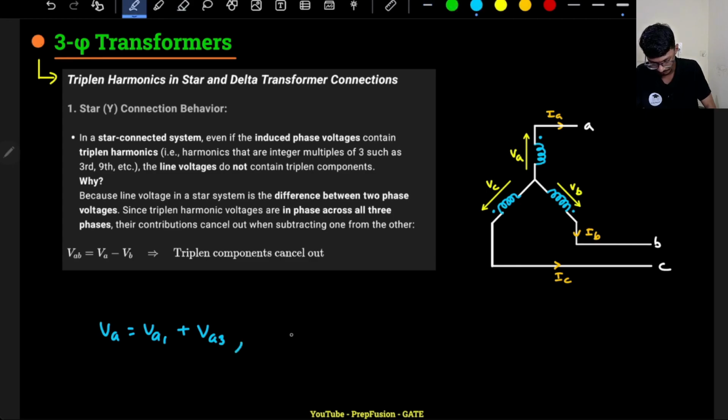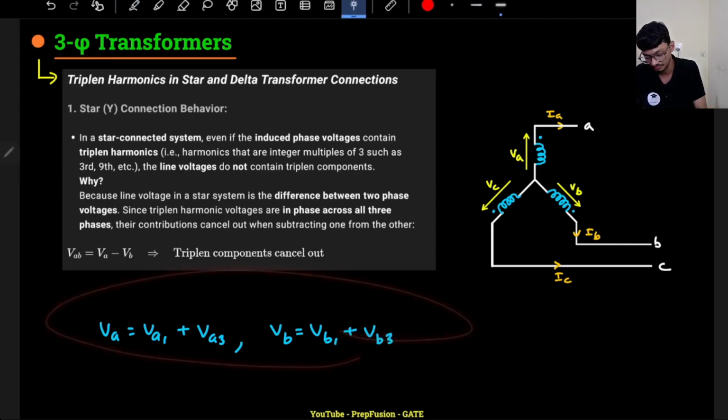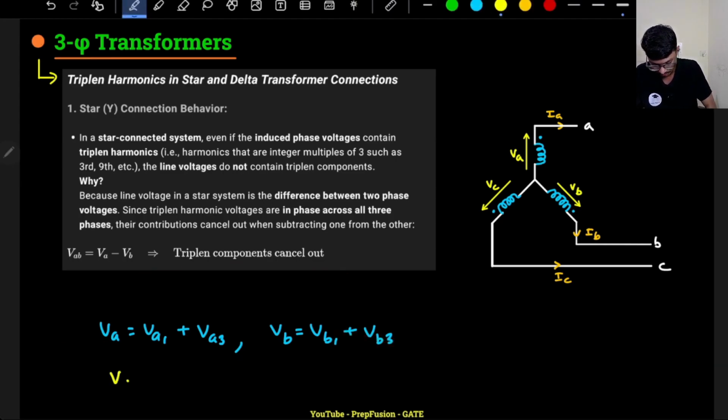Then VB will be VB1 plus VB3. So what is the line voltage? These are the phase induced voltages. The line voltage VAB will be VB minus VA.